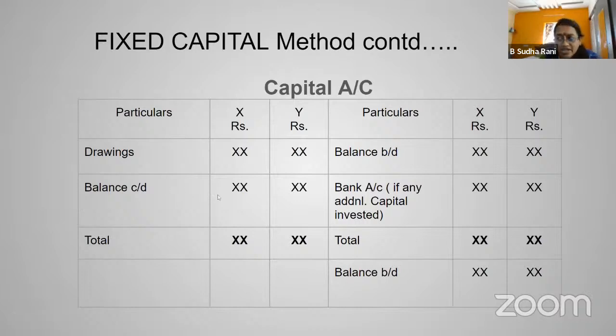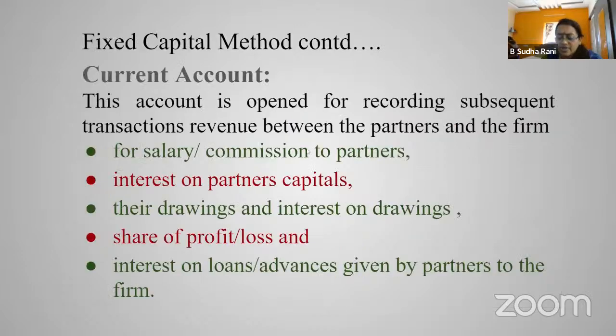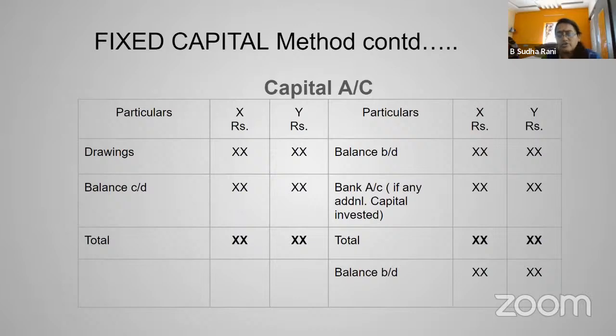Otherwise, if it is mentioned simply as drawings, do not take drawings here. Remember carefully, drawings will not come here if it is mentioned simply as drawings. Only when drawings are made out of capital will that point come. So in most questions, in the capital account you will get only balance brought down and carried down. These two will not appear.